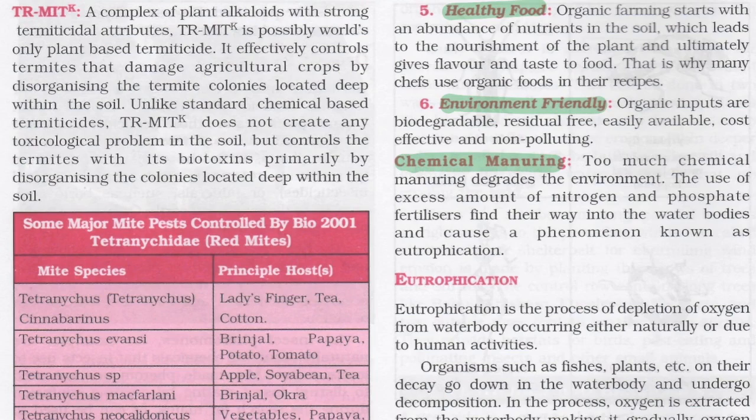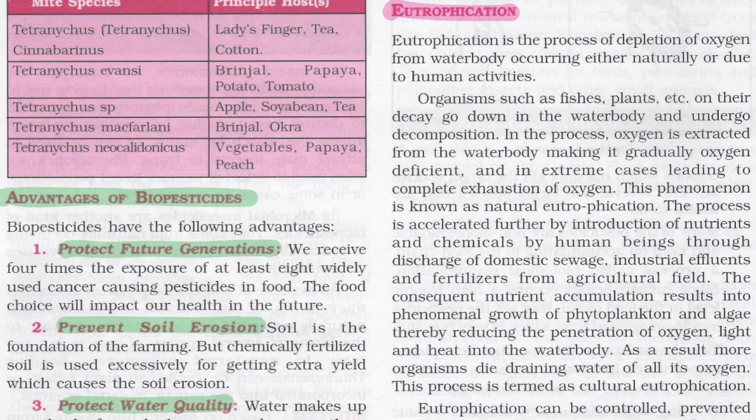The excess amounts of nitrogen and phosphate fertilizers find their way into the water bodies and cause a phenomenon known as eutrophication. Eutrophication is a process of depletion of oxygen from a water body that occurs either naturally or due to human activities.